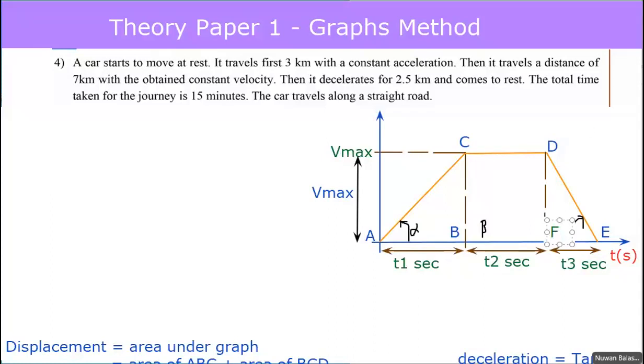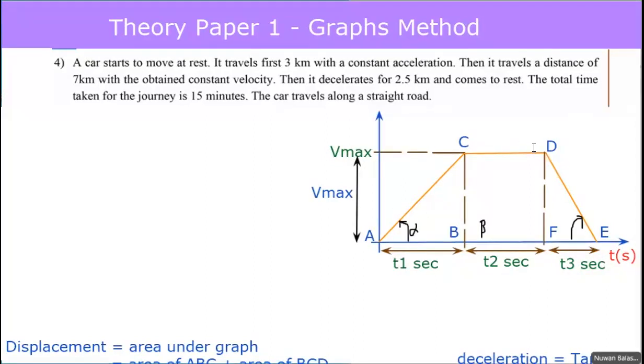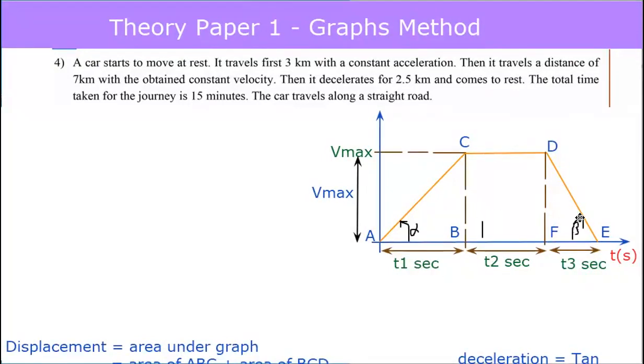Right, so AC constant acceleration, CD constant velocity, DE constant deceleration. This angle, I have to move that one also. This is the angle beta. We will need it to find the deceleration.